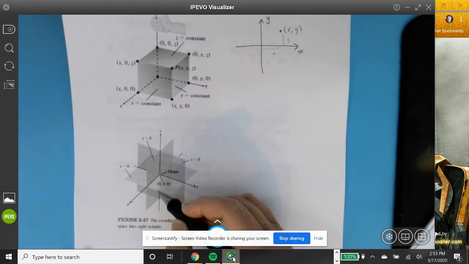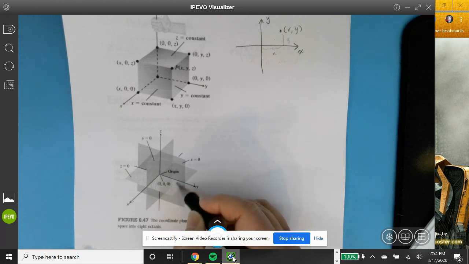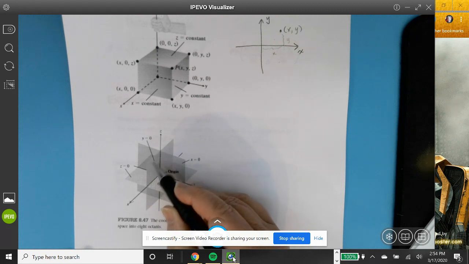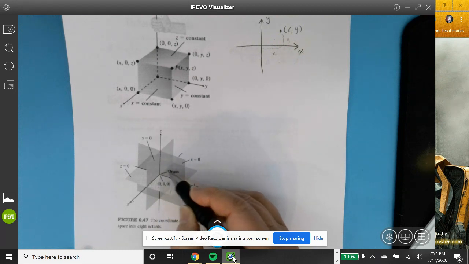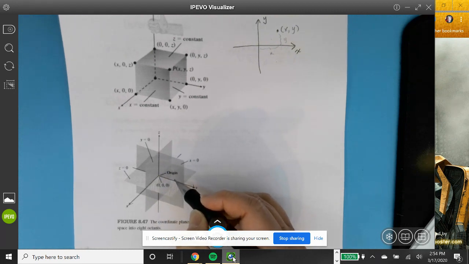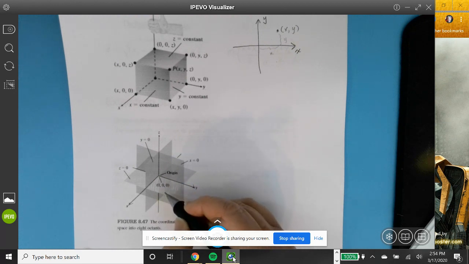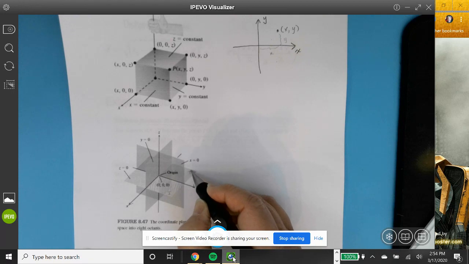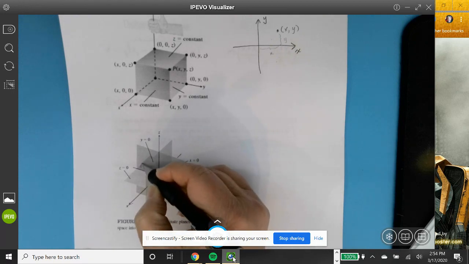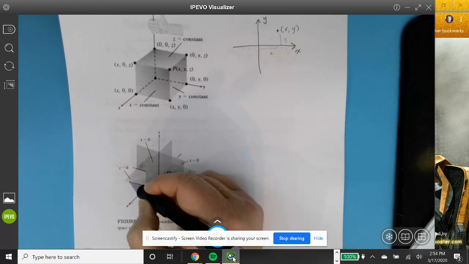But in the octant, the first octant, this right here is quadrant 1 in this small gray area here. But the first octant is the space here where x, y, and z are all positive. So this would be quadrant 1 that we're used to if z was 0. This would be quadrant 2. This would be quadrant 3. And this would be quadrant 4.